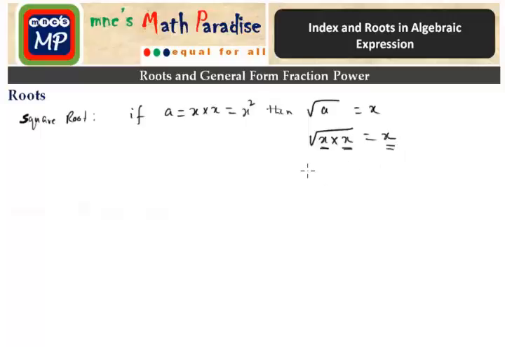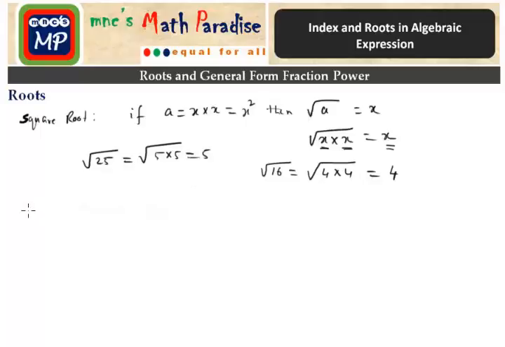So for example, if we have square root of 16, that means 4 times 4, 16 is 4 times 4, then we can get 4. Or say square root of 25, that means root over 5 times 5, that means 5.